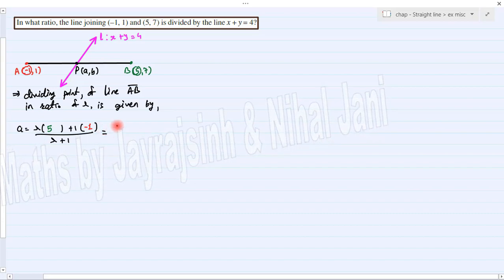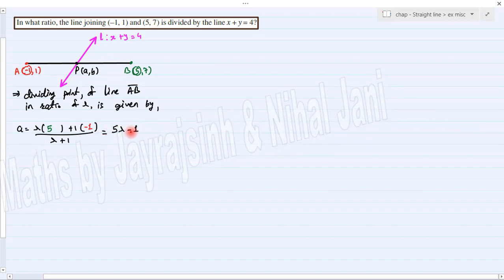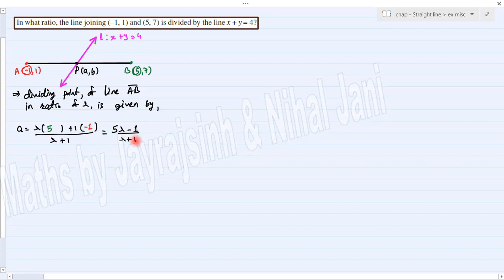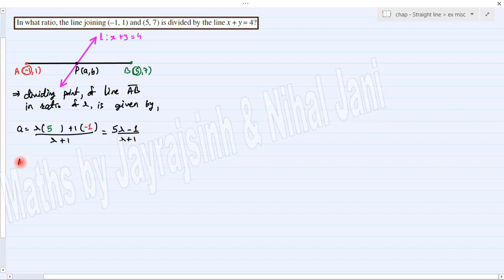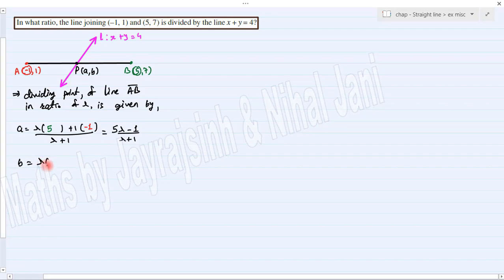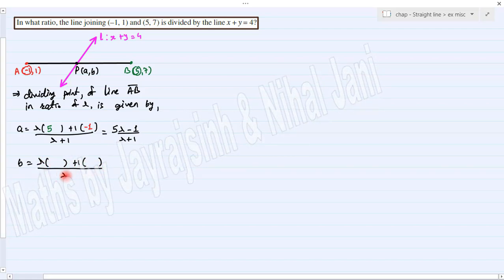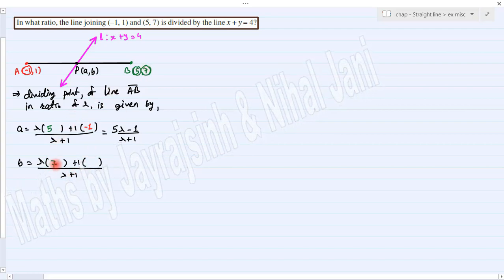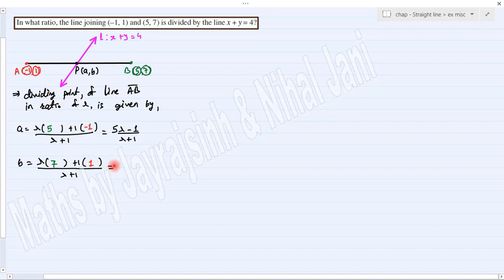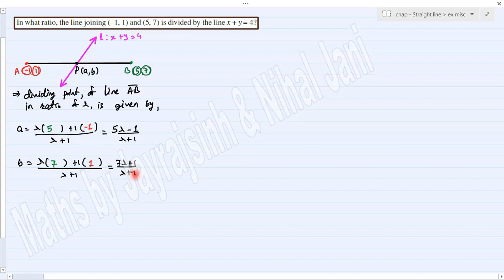So here we'll get 5 lambda minus 1 upon lambda plus 1 as your A. Similarly, to find B, we have to place lambda bracket plus 1 bracket upon lambda plus 1. So in the first bracket we'll place 7 and 1. So we'll get 7 lambda plus 1 upon lambda plus 1.